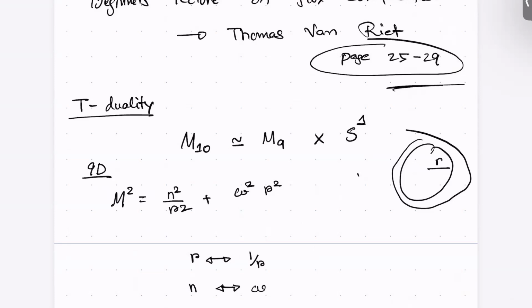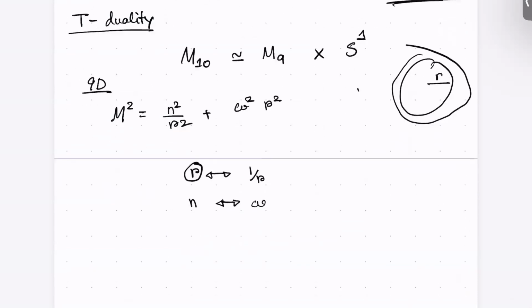So a 9-dimensional observer would have a hard time figuring out if they live in a universe where they have one extra dimension whose radius is R or 1 over R. Right? So what does it say?